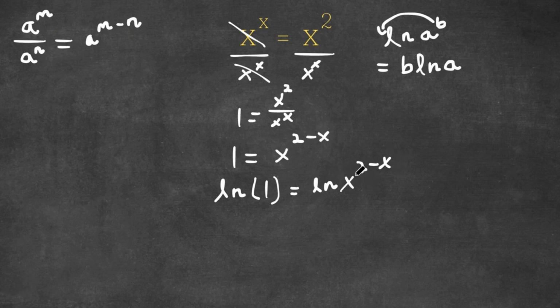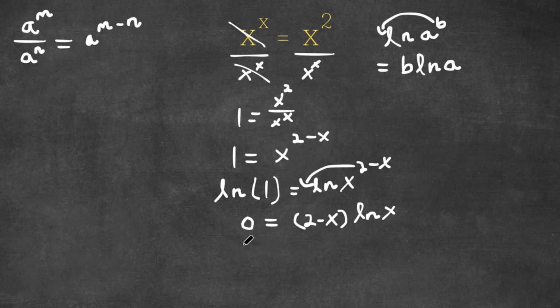So that's exactly what I'm going to do with ln of x to the power of 2 minus x. I'm going to move the exponent 2 minus x to the front of the logarithm. So now we have, well, first off, ln of 1 is 0. So we have 0 is equal to 2 minus x times ln x.